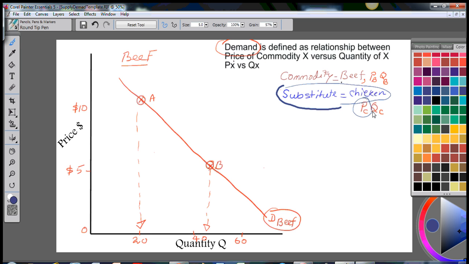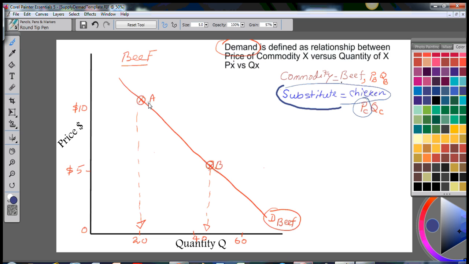That's a different demand curve for chicken. Our demand curve here is price of beef versus quantity of beef. That's this red line. But now if the substitute started increasing in its price, what would be the impact? Because a substitute is a determinant. When a substitute price goes up, people would say, you know what, I'll go and buy more beef now that the chicken price is higher, right?